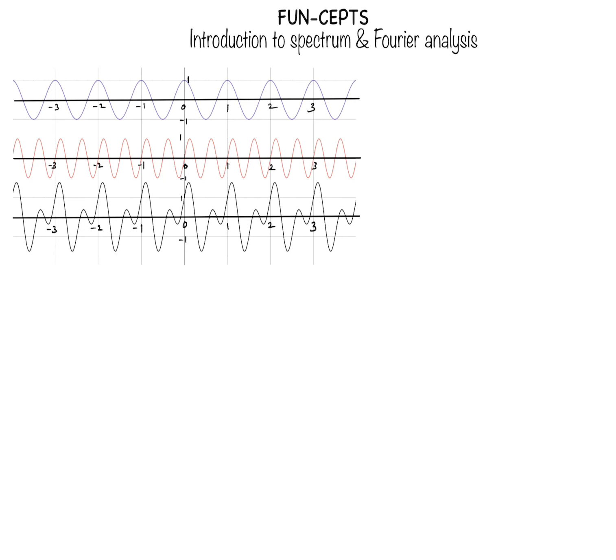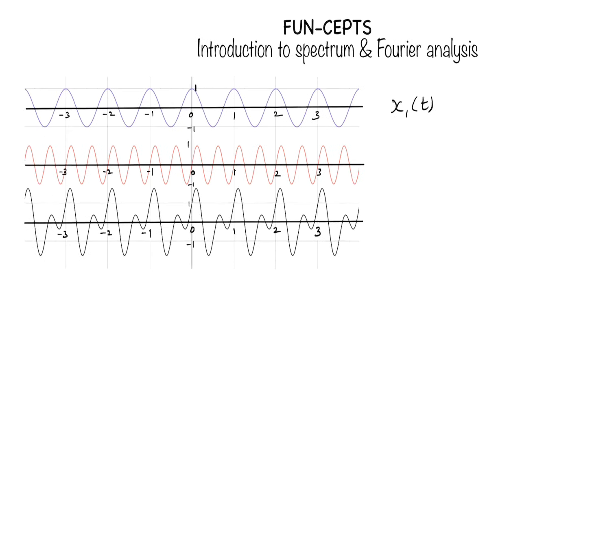So if you look at the first signal here, we can call this x1 of t, and the red signal we can call x2 of t. The third signal that we have here, this last one, is basically a summation of x1 of t and x2 of t.